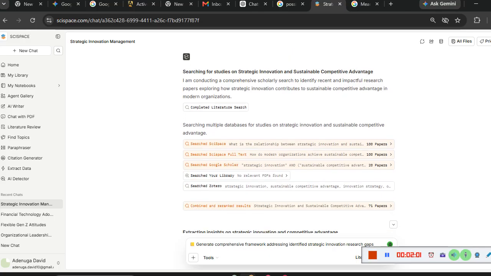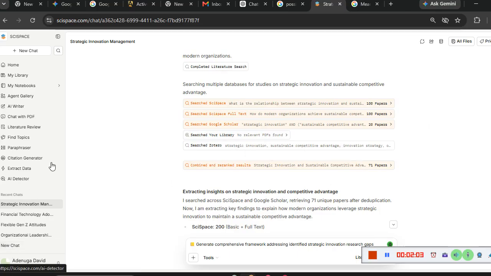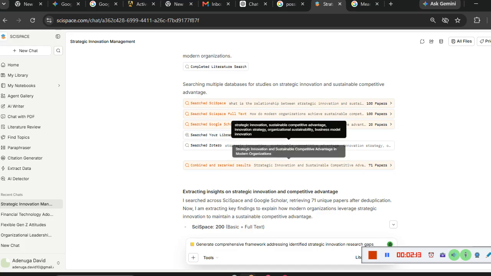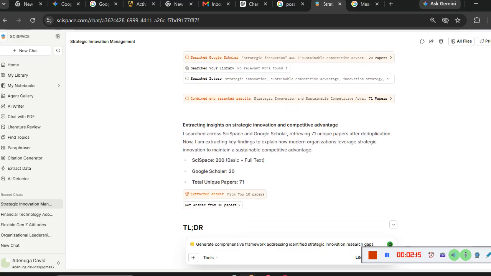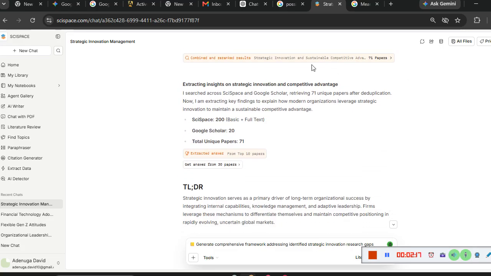And it went and searched, because this tool has been upgraded and is now operating like an agent also. It searched through my library, didn't find any, searched Zotero, then combined and re-ranked results. It found 71 papers. In the 71 papers, Google Scholar has 20.